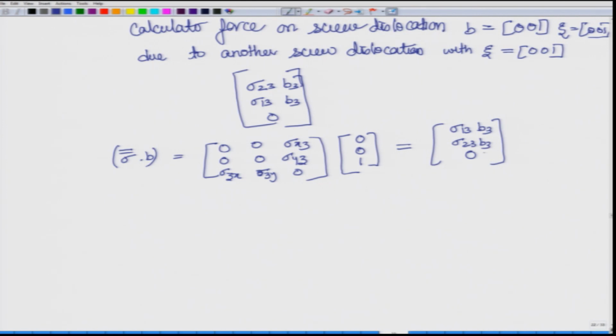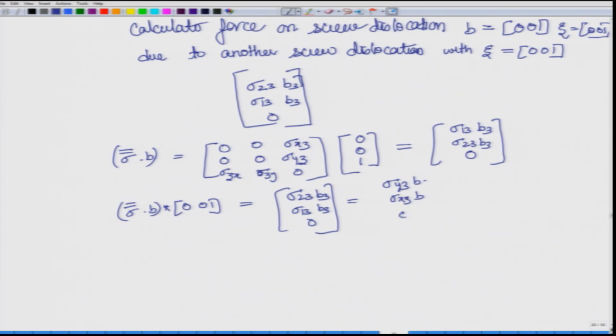Then you will get sigma 2 3 b 3, sigma 1 3 b 3, 0, which is the same as saying sigma y z b, because b is the Burgers vector we have, sigma x z b, and 0 in z.